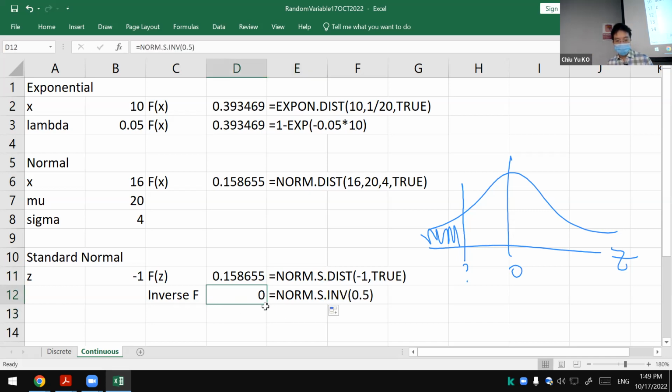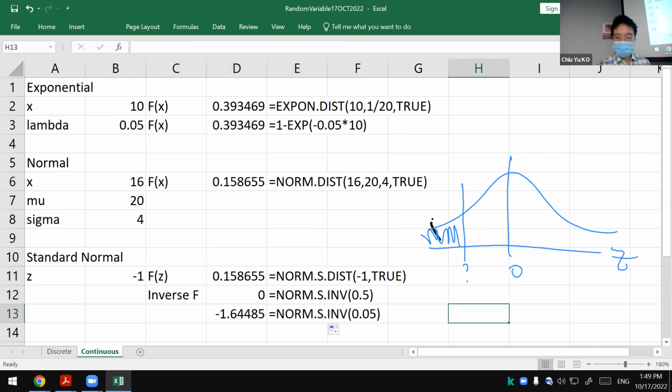And also you can check, if not 0.5, if something like 0.05, then it's 1.6.